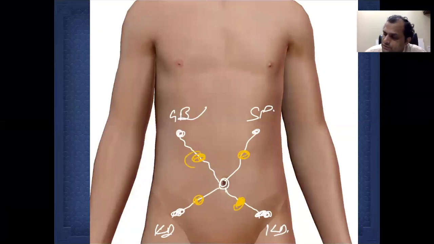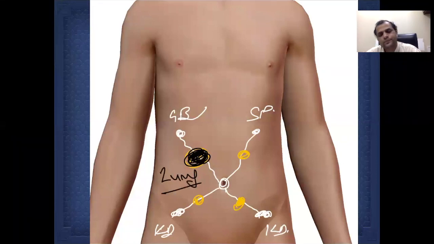So if we press on the right side, if this point is tender and painful, this shows the condition of both lungs. And if we press on the left side, if this point is painful and tender, this shows the condition of the liver.